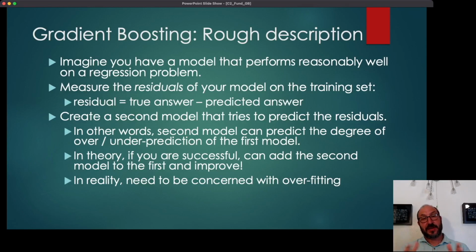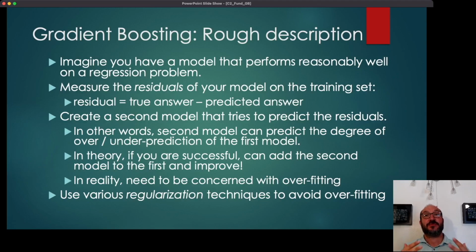But if you've got a lot of predictors and a complex model, that complicated model might pick up on noise and fit the noise. It predicts the noise terms on the training set, but when you make predictions on a new test set, it's not going to have any added power.